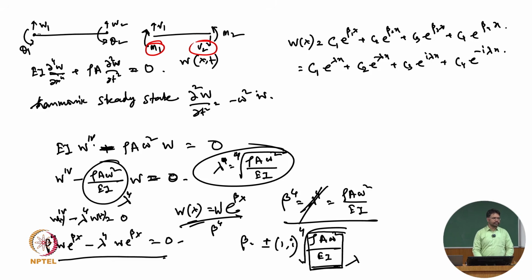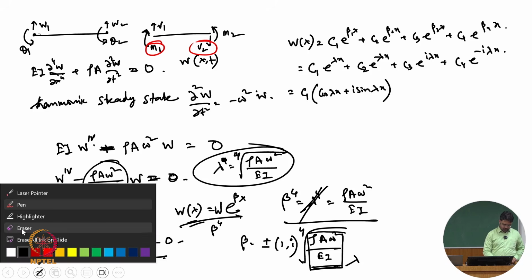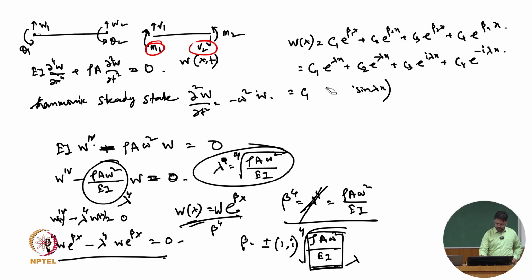We can write it. Agreed? Again, C1, I can do it like a cos of lambda x plus i sin lambda x. So that will be cos hyperbolic. Yes, so that is important, like the last case we have already seen.